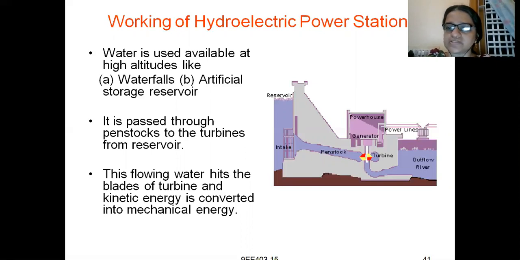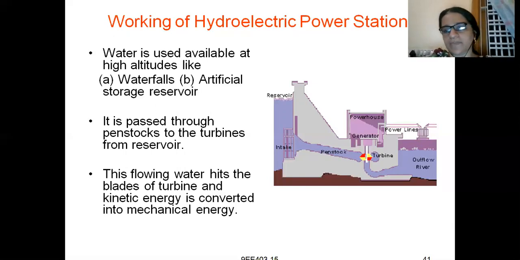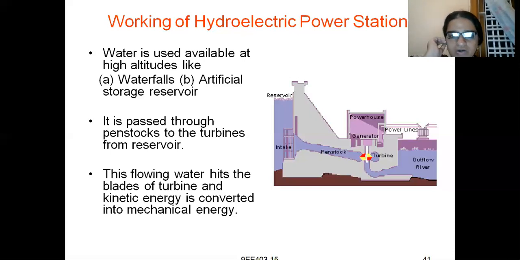What happens is this water hits the blades of the turbine, and kinetic energy is converted into mechanical energy. Coming to the next slide. They have shown the reservoir at the top in the diagram on the right side. This is the intake of water, which is stored in the reservoir.